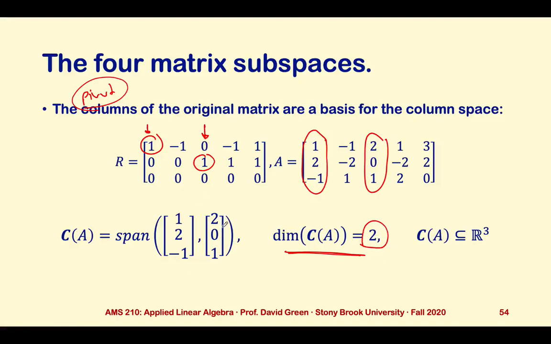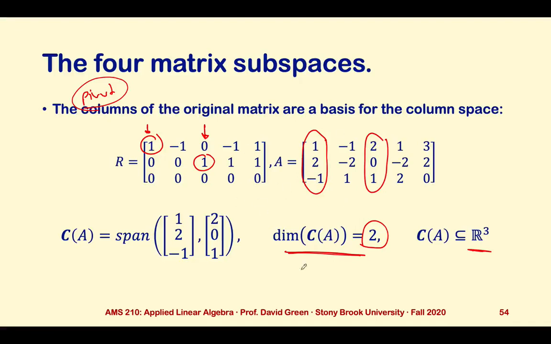2 basis vectors in a basis. The column space, each vector has 3 elements, so belongs to R3. The column space of this matrix is a 2-dimensional subspace, a plane in 3-dimensional space.